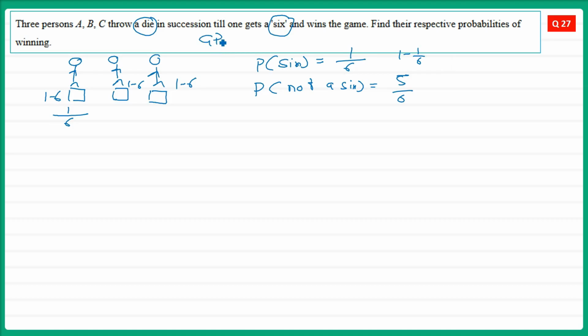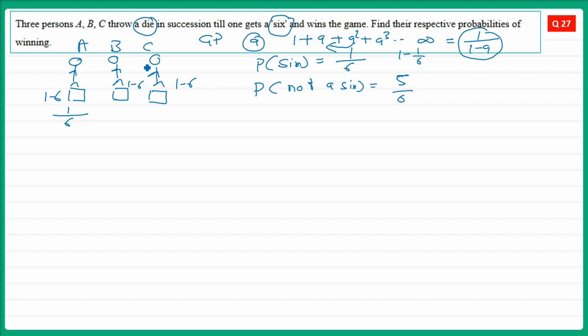Now geometric progression is the key here, which we are going to use a lot. 1 plus A square plus A cube goes on and on to infinity. If you take any 2 consecutive numbers and divide them, the ratio remains constant for the entire series. So this is 1 by 1 minus A, where A is the common ratio. This is the sum of the series that we are going to use just now.